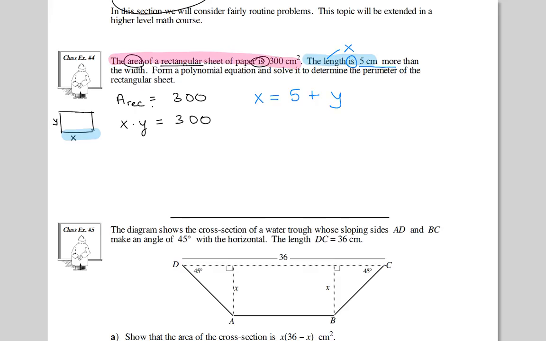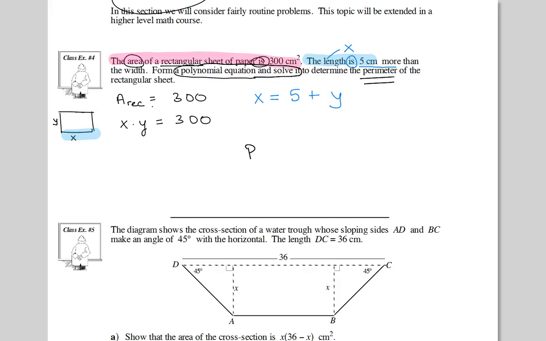Okay, so then it says form a polynomial equation and solve it to determine the perimeter. All right, that's bizarre to me. But this first thing, forming this and solving it, is bizarre to me, but I can handle this.